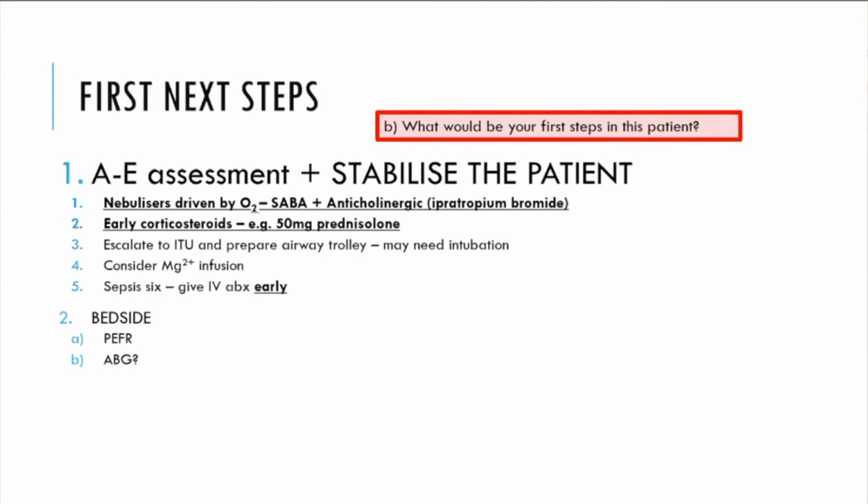And an ABG or indeed a VBG. ABG is probably better in a respiratory patient here, but often a VBG is pretty good as well if you just want to look at the carbon dioxide really. And a portable chest X-ray is again very, very helpful. Is there some kind of underlying pneumonia that's driving this? And laboratory wise, standard things that you'd send off.